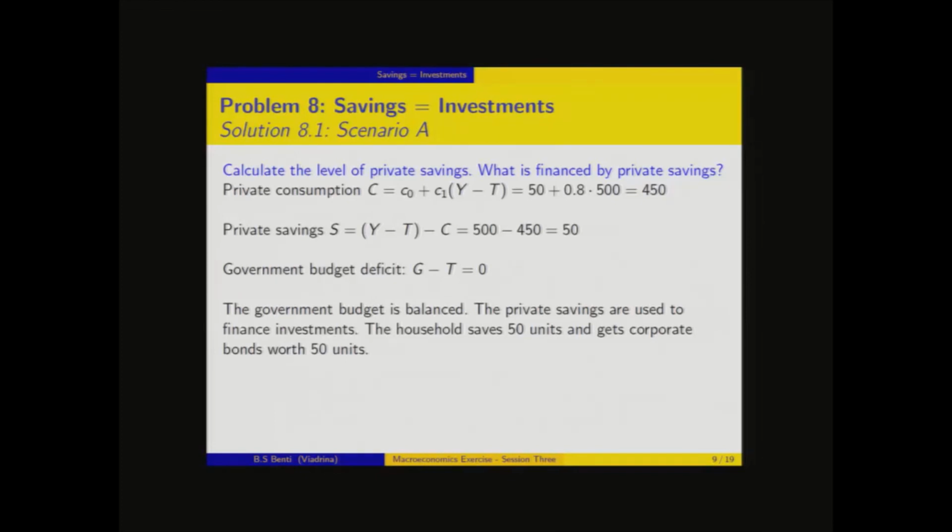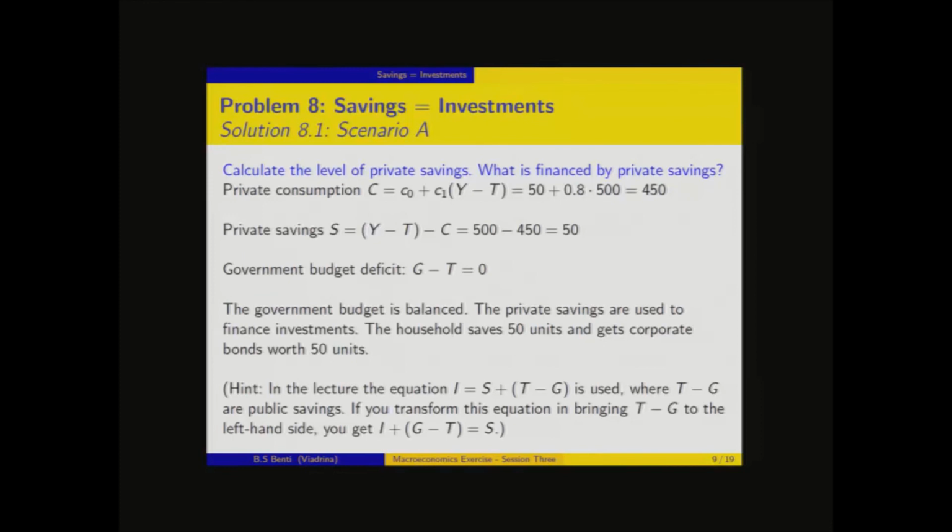The government is not in need of any budget financing because it is balancing its government expenditure and tax, both of which are 100 units. So the 50 units saved by the households in our scenario are used to buy corporate bonds, which corporates are selling, and these bonds have a value of 50 units.